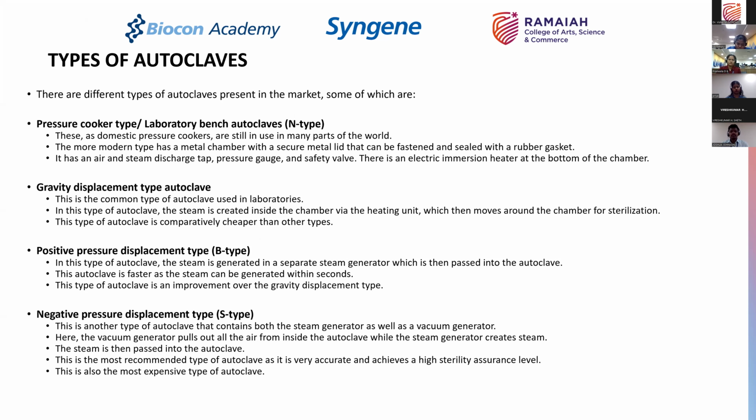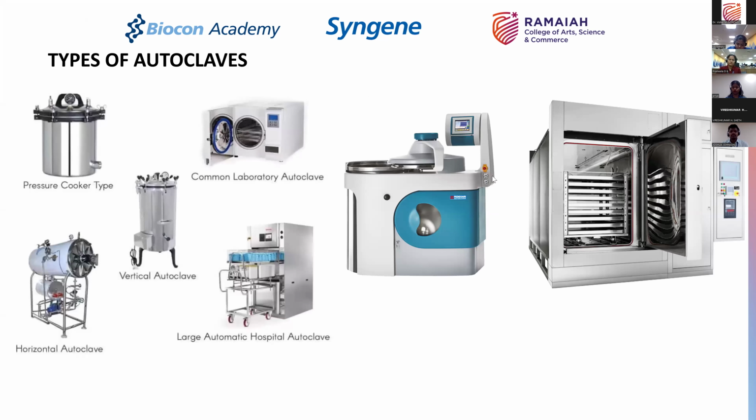So when you look at a laboratory autoclave like this, which is a vertical autoclave, it has a built-in automation system to measure the temperature, the water levels in this case, generate the steam accurately, and make sure that the air gets removed. So the automation today has helped us in making sure that even the autoclaves, whichever type you use, will give you a good control on your sterilization process.